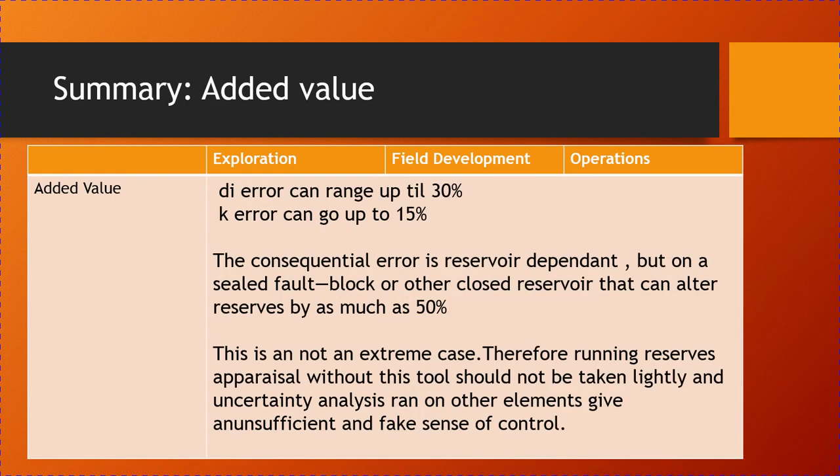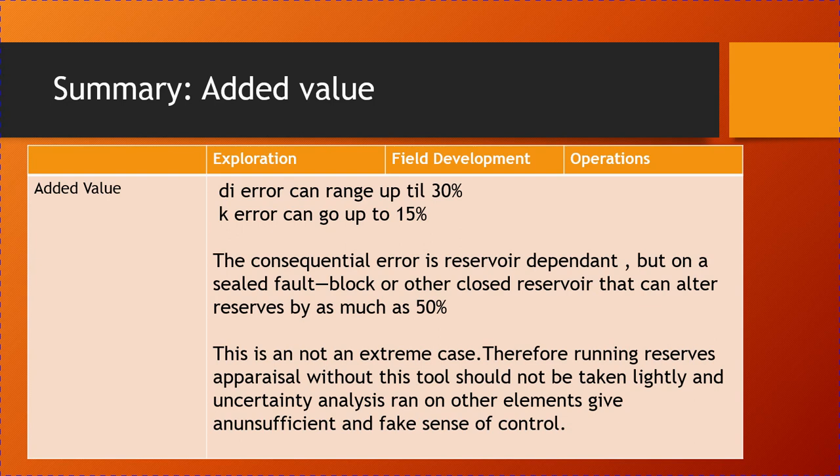To show you in a more dramatic manner how it plays, we can take an extreme case. It's an extreme case in its consequence, but not in its occurrence. If DI is the distance to a fault and K is your permeability, the error of DI can range up to 30%.